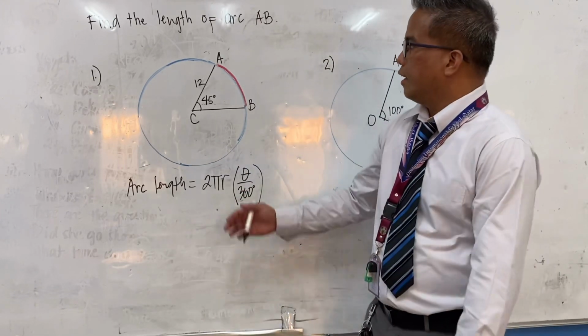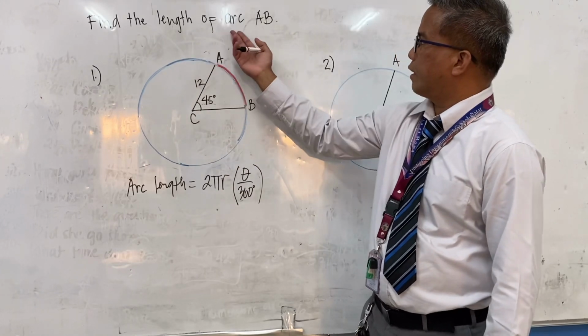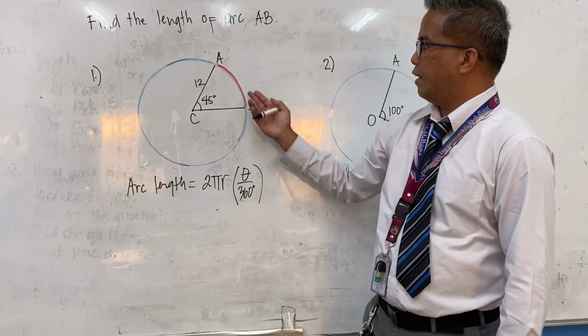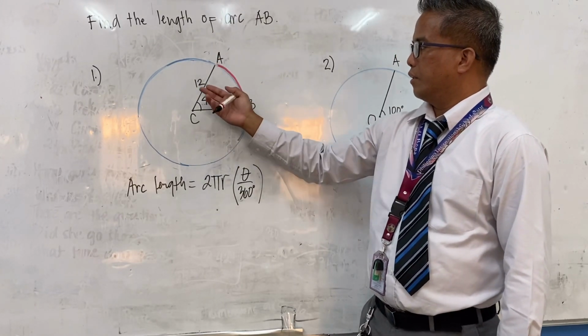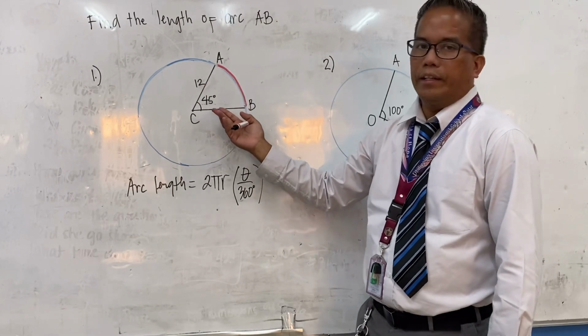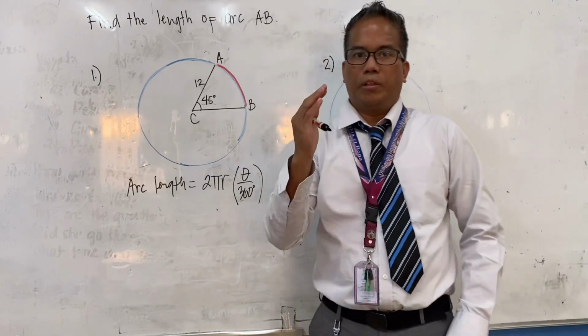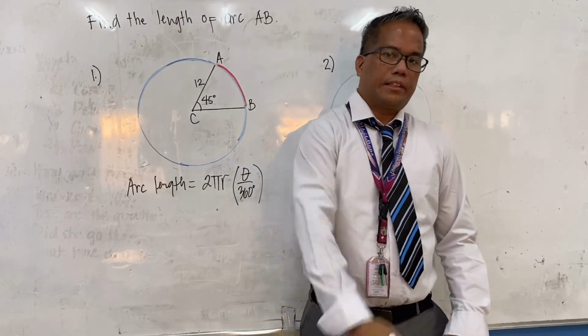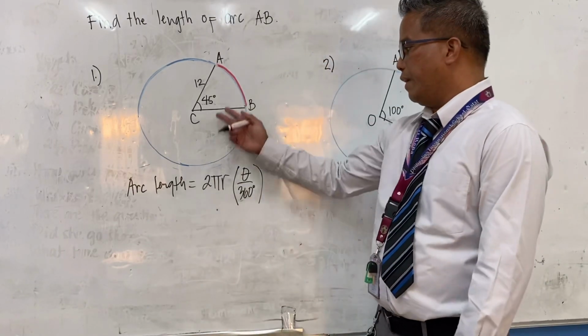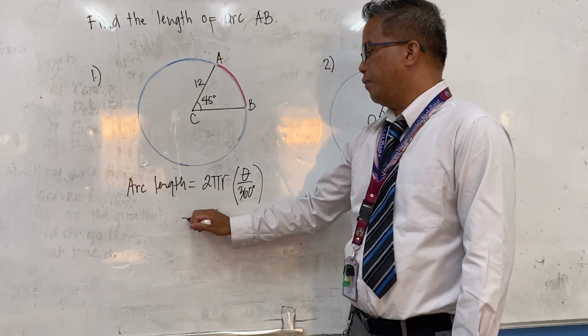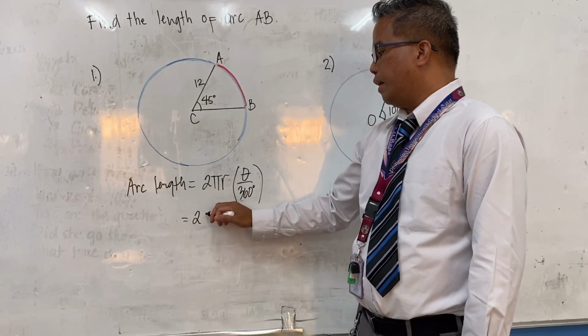Okay, let us solve this. Find the length of arc AB. Given the radius is 12 and the central angle is 45 degrees. All you have to do, guys, is substitute the given into the formula. We have 2 times pi.